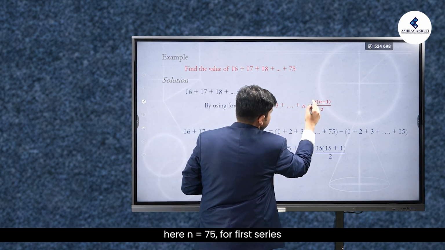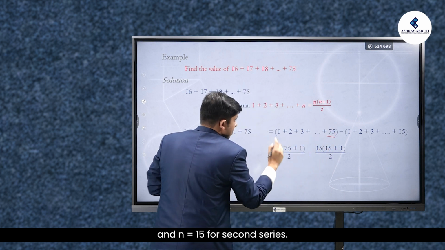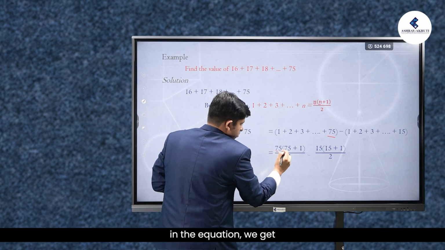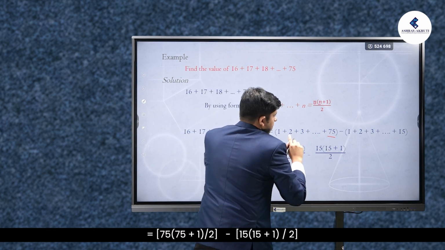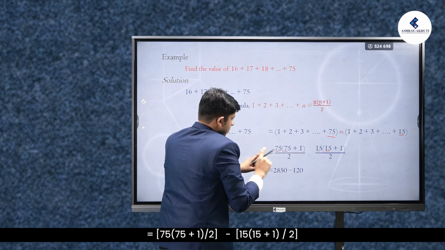Here n is equal to 75 for first series and n is equal to 15 for second series. By substituting n value in the equations, we get 75 into 75 plus 1 by 2 minus 15 into 15 plus 1 by 2.